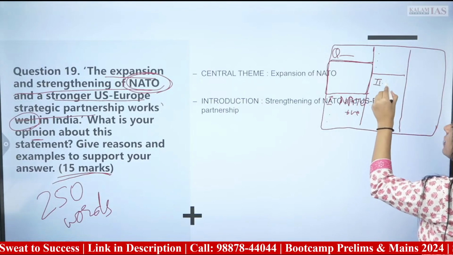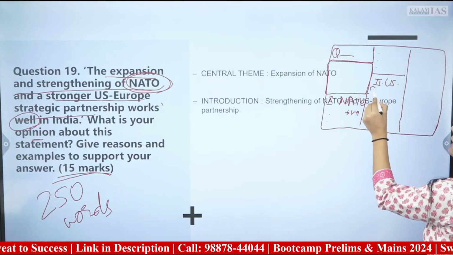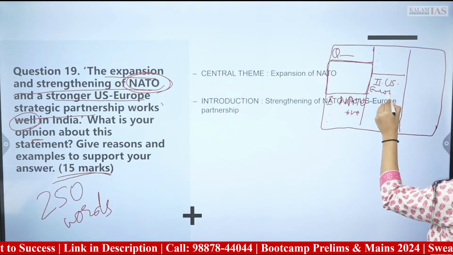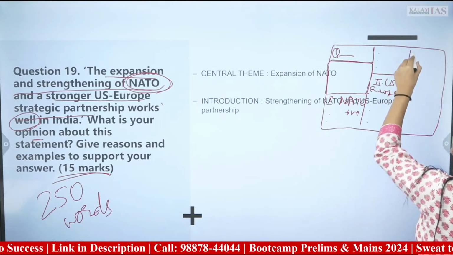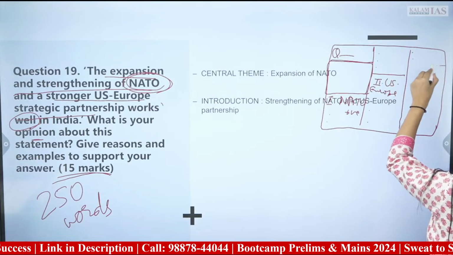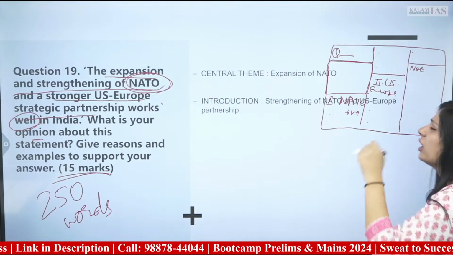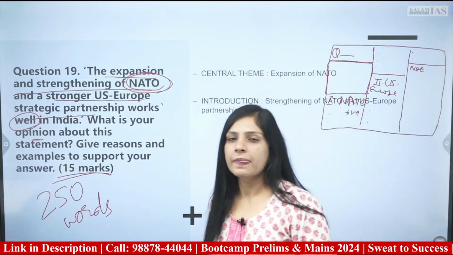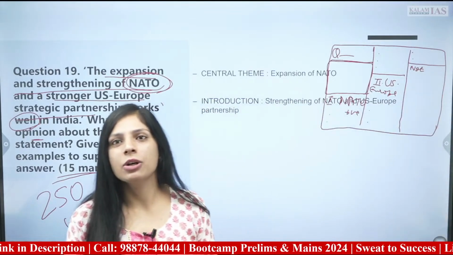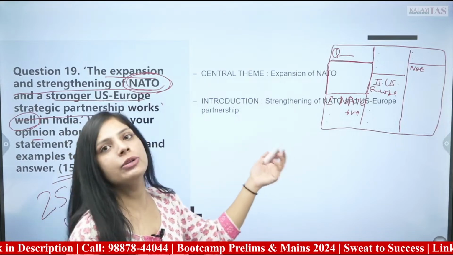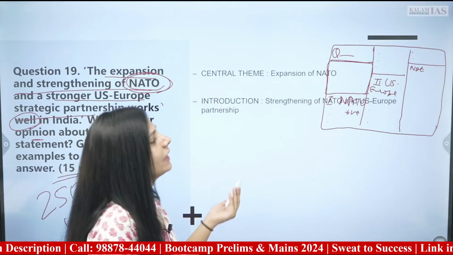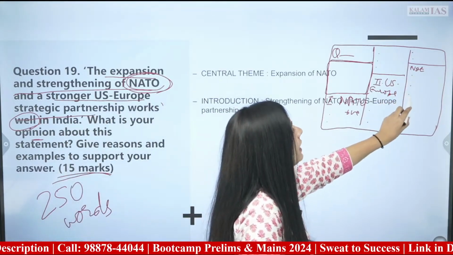It would be the US-Europe strategic partnership. So you would give 3-4 points here. Then you can say how they are not working well, right? You have to take the other side also. So you can take how they are not working well. In that you can give 3-4 points.